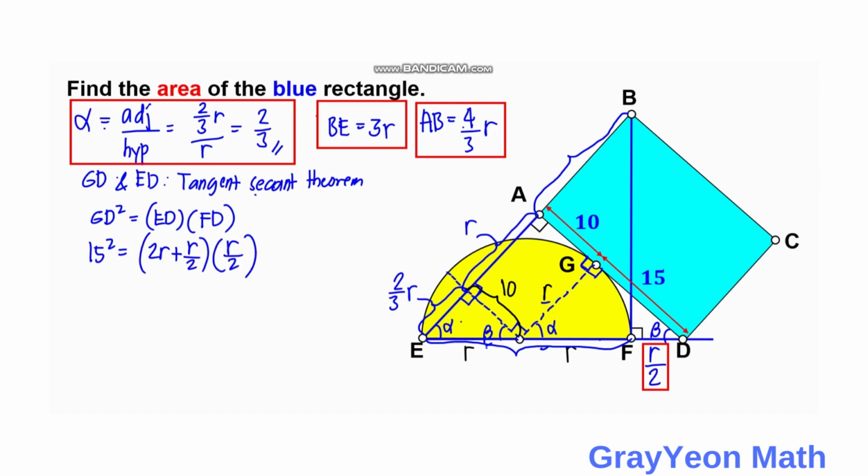And 15 square is 225, which is equal to 2 times 2, which becomes 4R plus R over 2, that is 5R over 2, times R over 2.